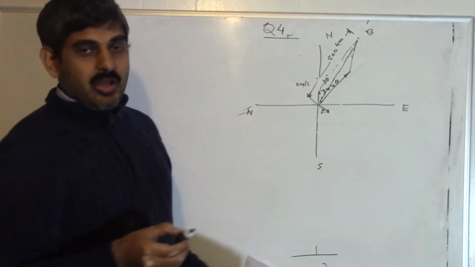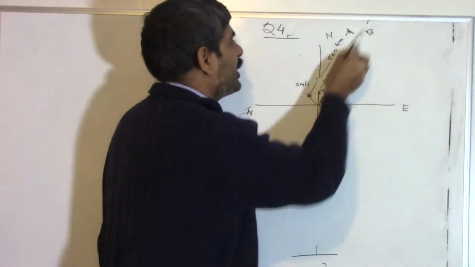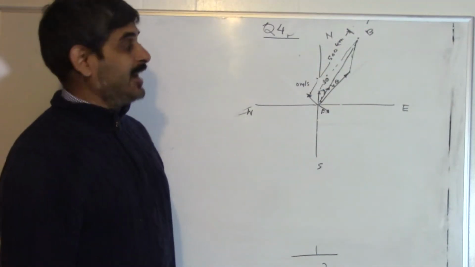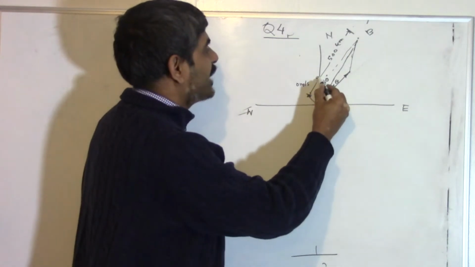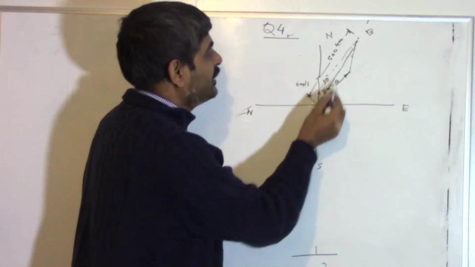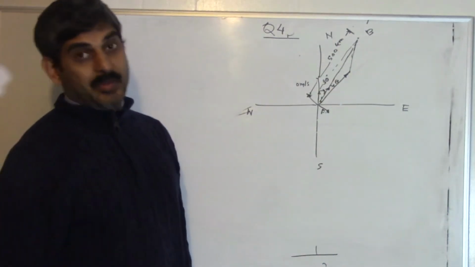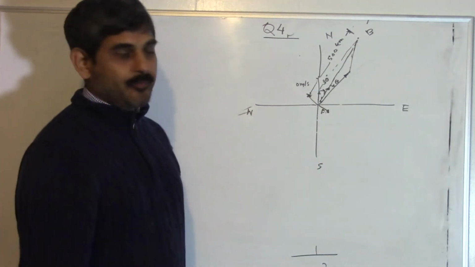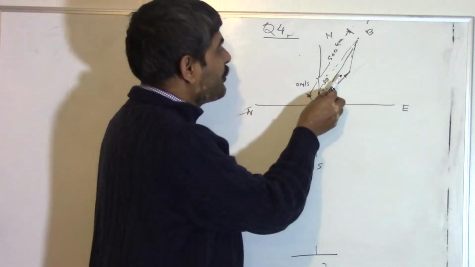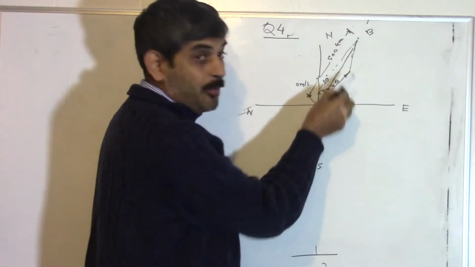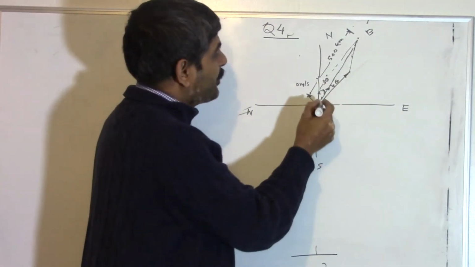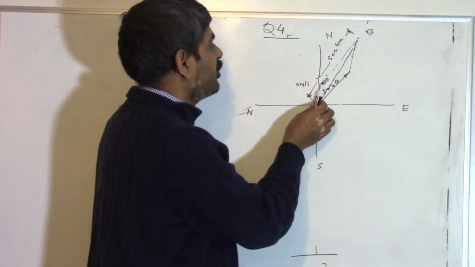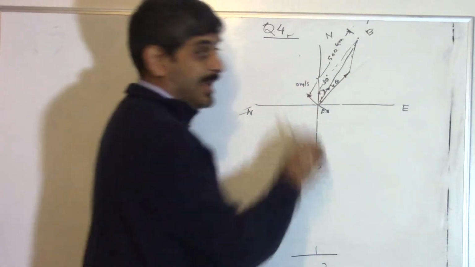These two components help us move in our desired direction, 30 degree east of north. But there is a component trying to derail it: the component of the plane's velocity perpendicular to this, and the component of the wind's velocity in this direction.